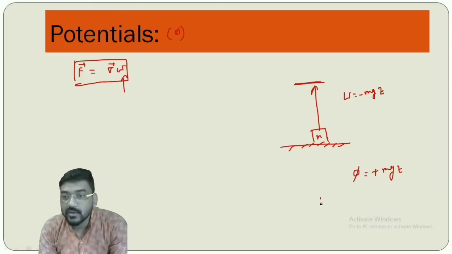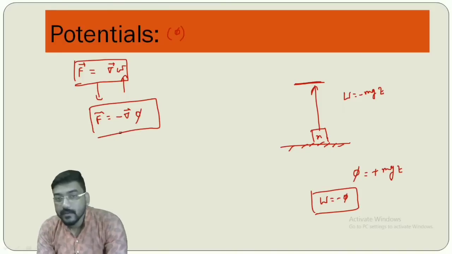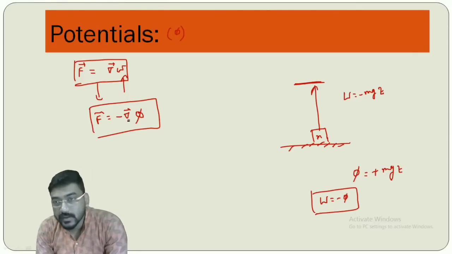So w is always equal to minus phi. If w is minus phi, then we can write that f is equal to minus gradient of phi. This is how we can define potential. Another way I can also define this, but here it is sufficient to say that if f is equal to gradient of w, then obviously f is equal to minus grad phi.